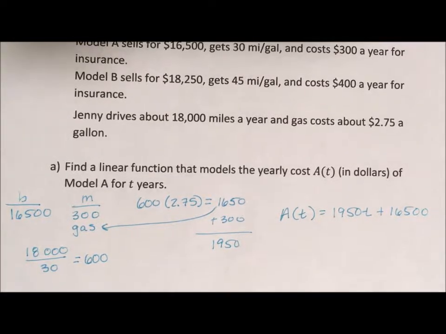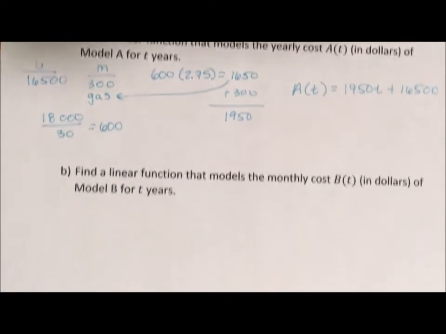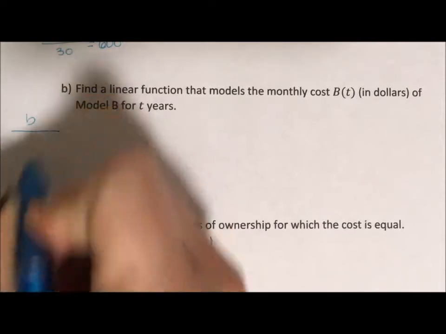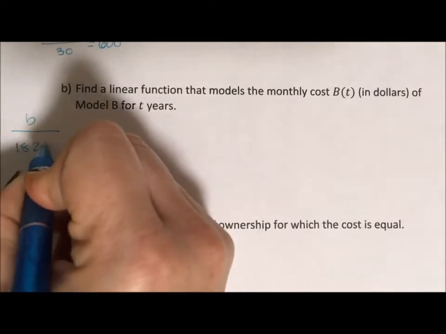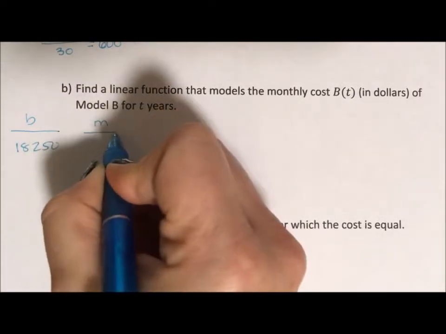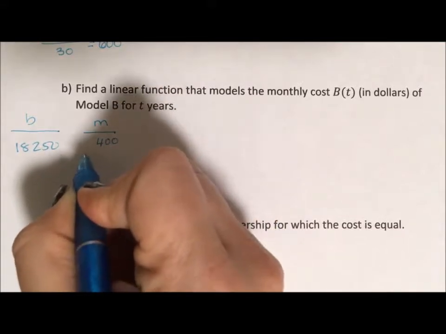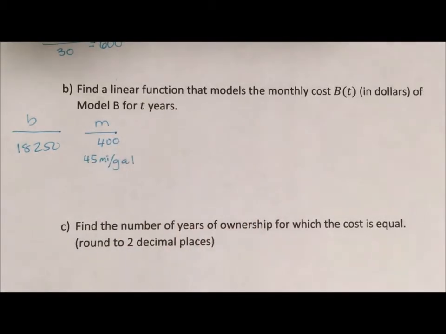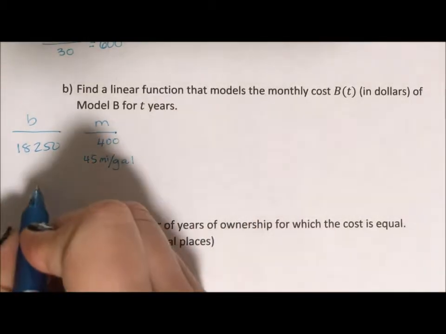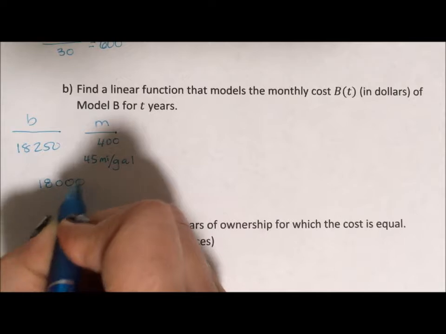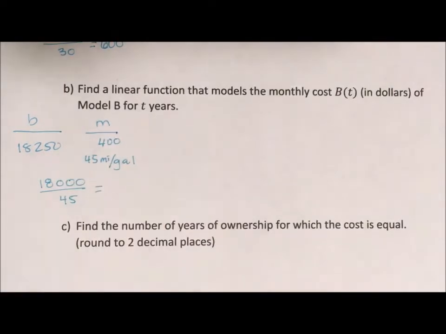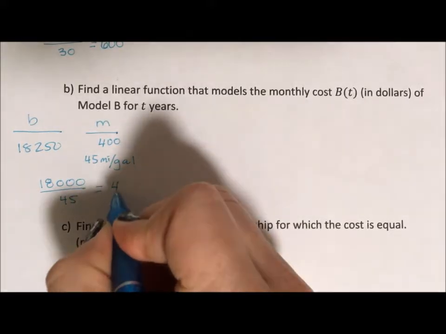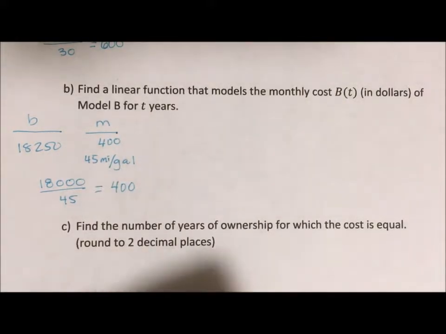Now we have to do the same thing for car B. So for car B, the cost of the car is $18,250. The insurance is $400, and it gets 45 miles per gallon. Just like in our last example, I'm going to take 18,000 miles and divide it by 45 to find out that she would have to put about 400 gallons of gas into her car.